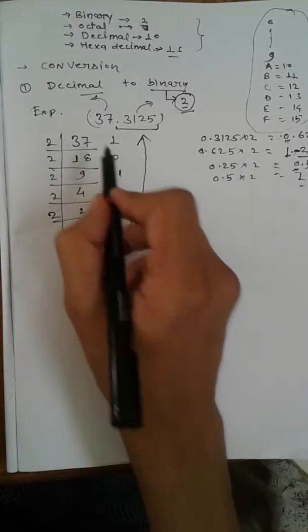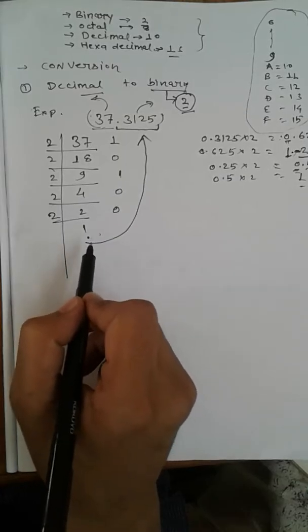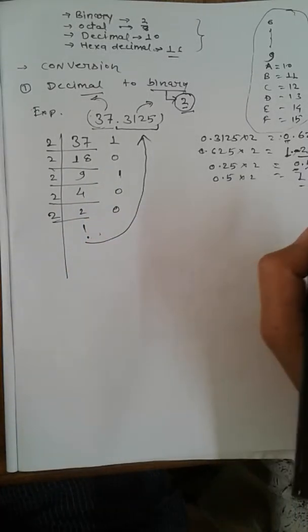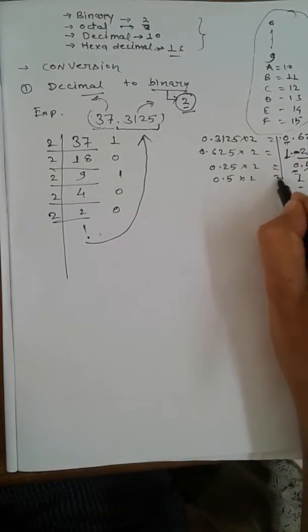In the integer part we go from lower to upper. Here we have to go from upper to lower.